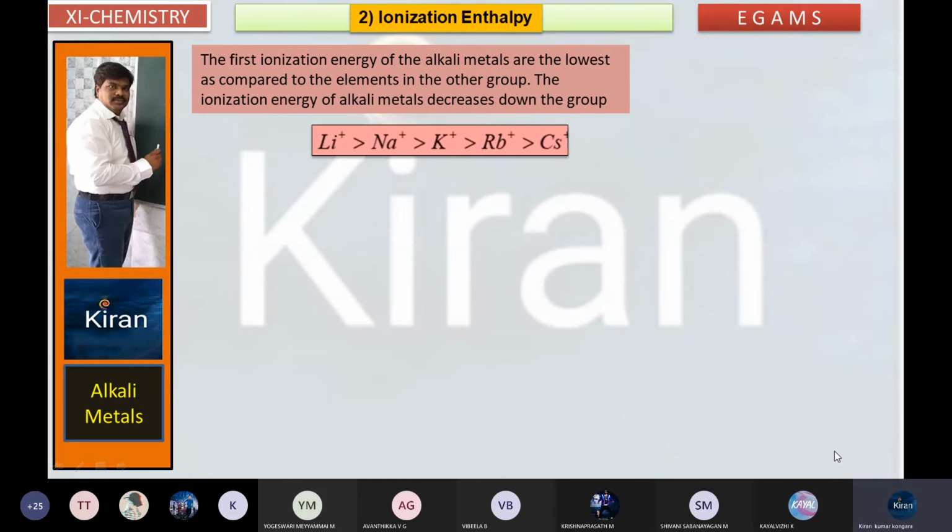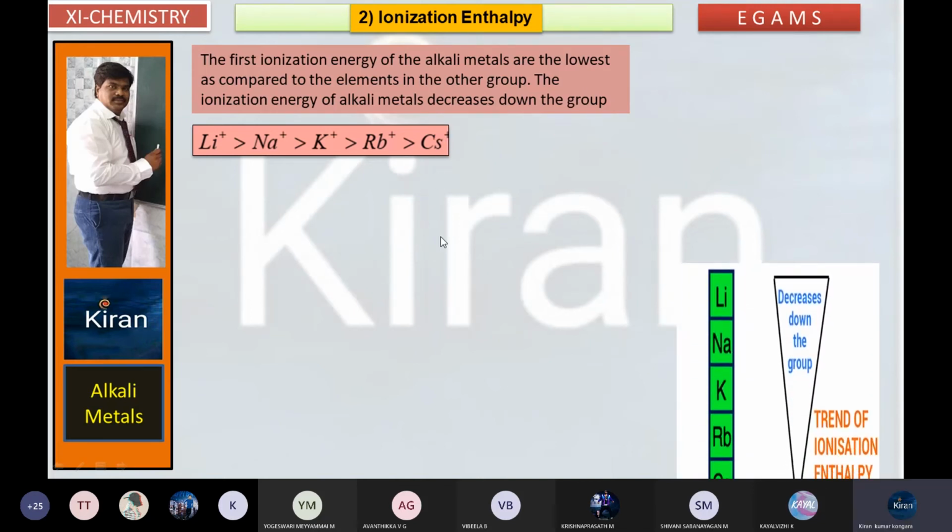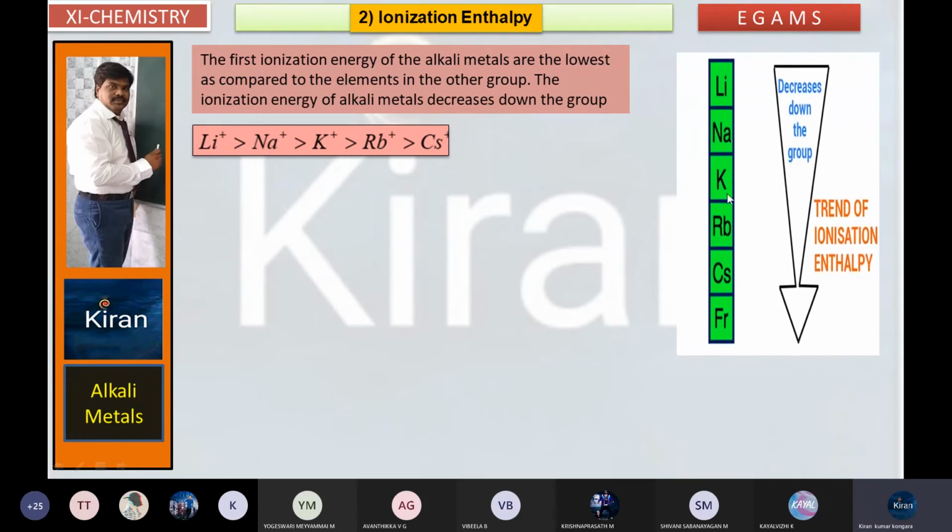When you observe here, lithium's ionization energy is greater than sodium's, sodium's is greater than potassium's, potassium's is greater than rubidium's and then cesium's. Cesium is the biggest atom, hence it has a lower ionization energy. In the group lithium, sodium, potassium, rubidium, cesium, francium, the atomic radius gradually increases and ionization potential values decrease from top to bottom.